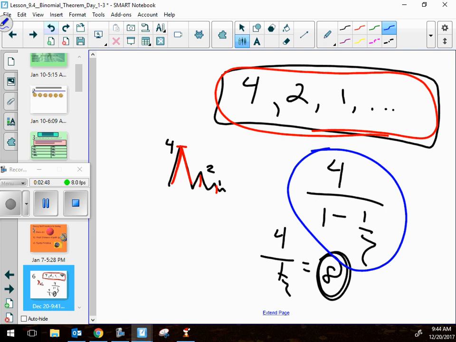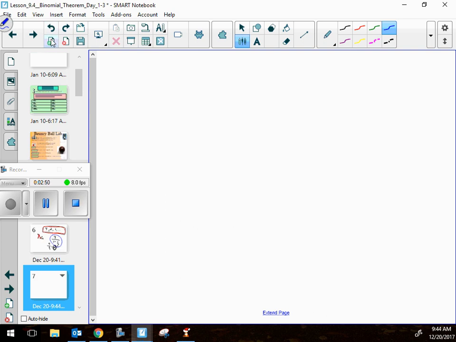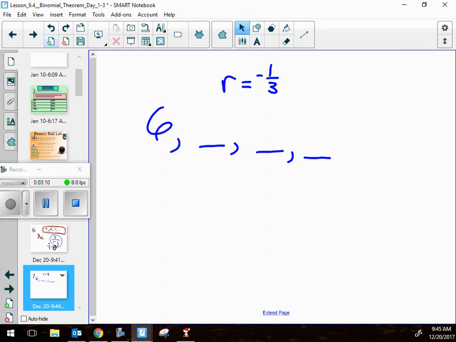Let's do another one that's kind of weirder. It's going to flip-flop back and forth. Let's say I start with 6, and then I use an R of -1/3. Would you please list out the first 4 terms this time. And then if this qualifies to use that formula you just learned, the geometric formula, then use it and figure out what this adds up to.